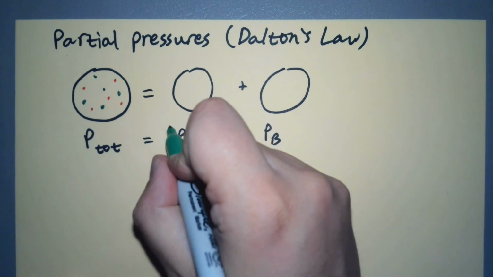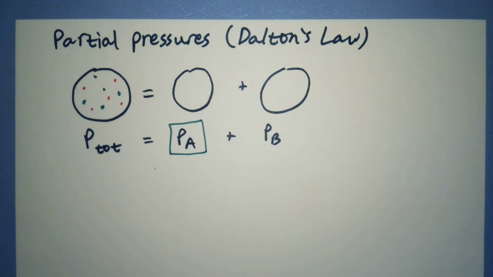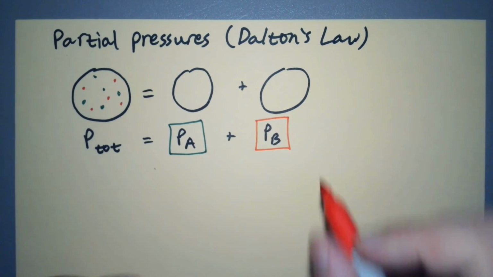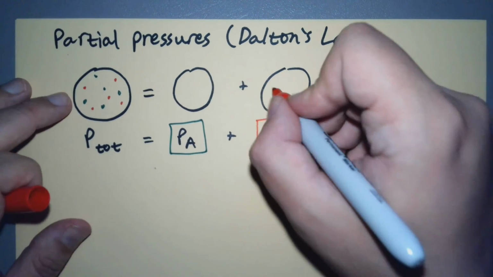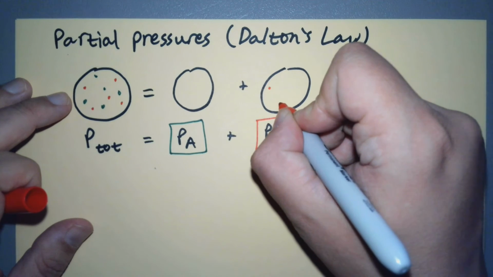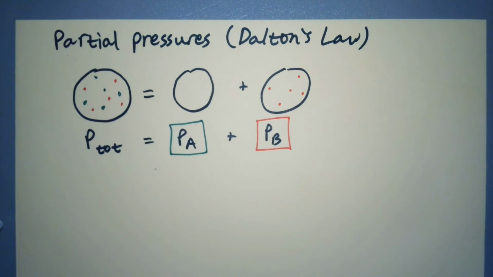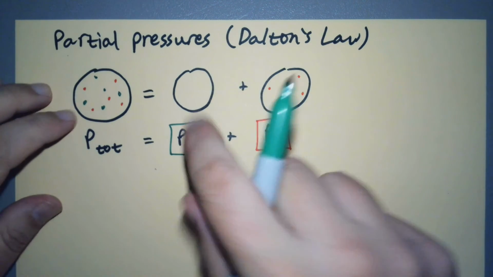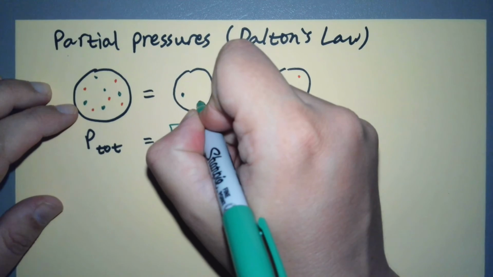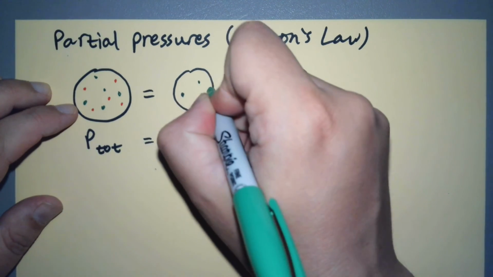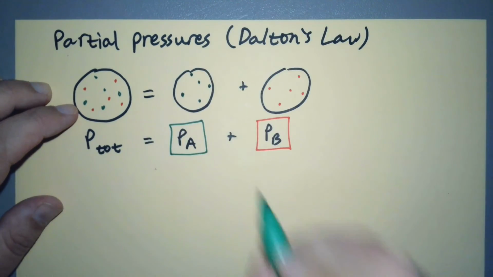So like maybe I've got my green gas here, we'll call that A, red will be B, and so this is just the pressure exerted by these red gas particles. Alright, and this would be just the pressure exerted by the green gas particles.